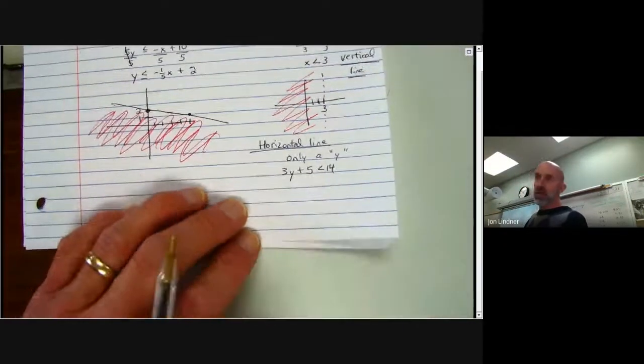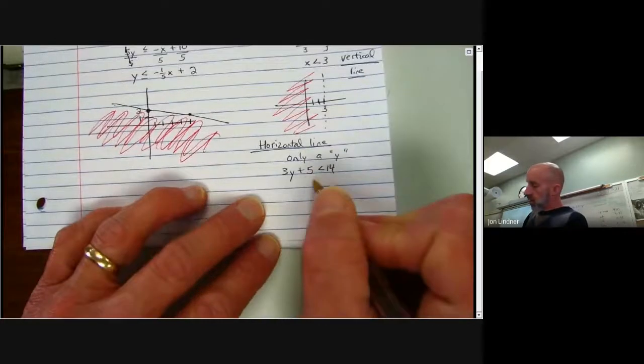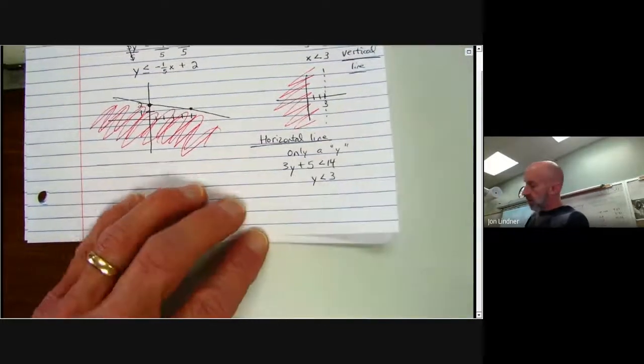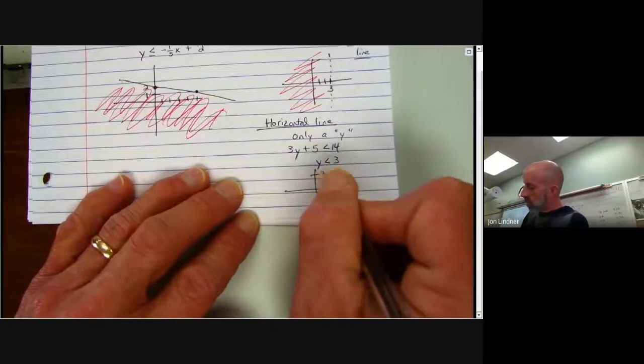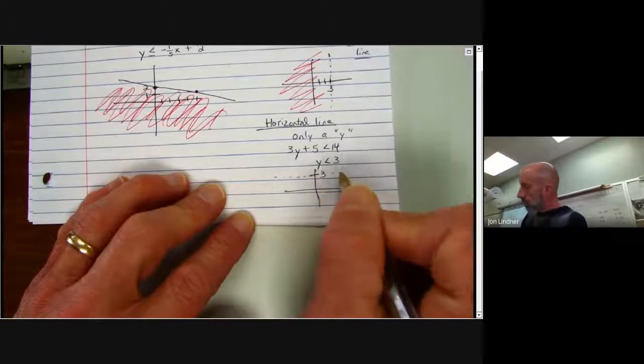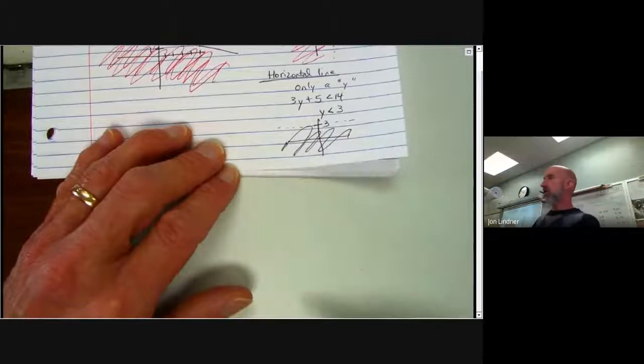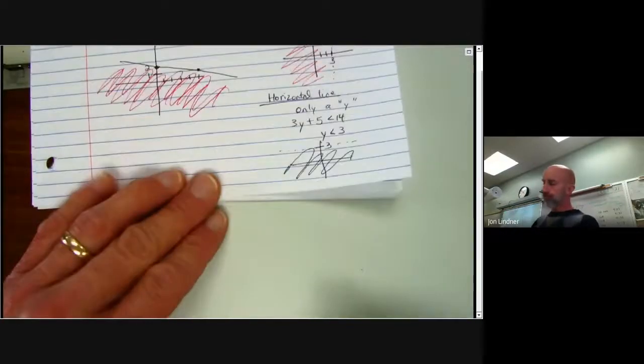If that would have been the equation, then when I solve it, I get that y is less than 3, and you would have a horizontal line through 3, and you would shade below. So that is what happens if there's only a y. It turns out to be a horizontal line.